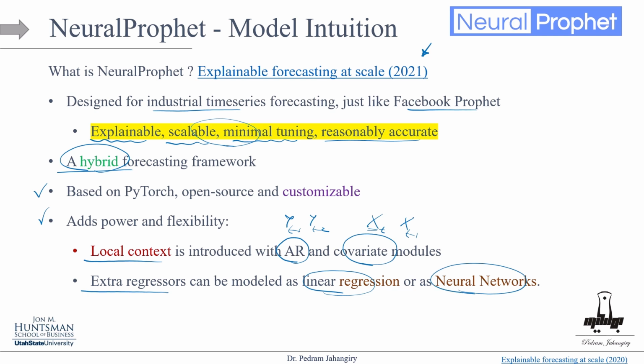This is what makes it super exciting, because you have those covariates. With machine learning, we could add those covariates, and here as well, we can add these covariates along with the autoregressions in a nonlinear, complex fashion, with the hope that it can capture those nonlinear patterns.